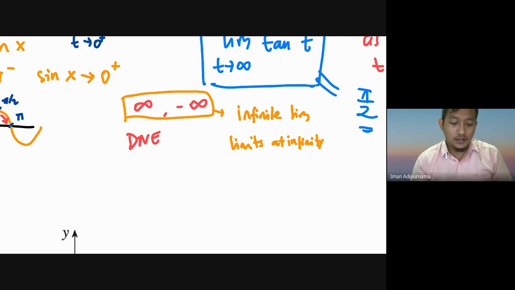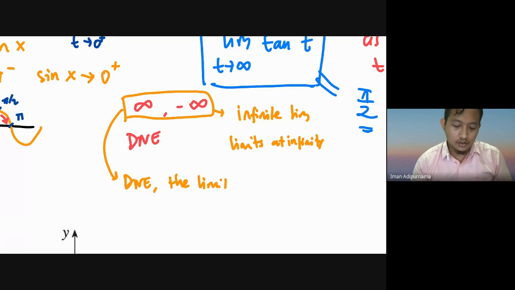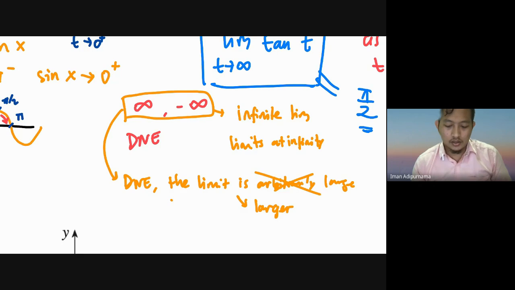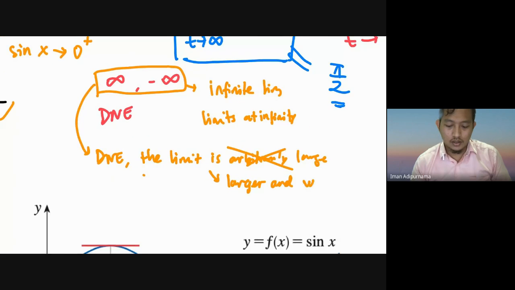So sometimes we need to write it completely. We can write that it does not exist, but you need to add some additional information that the result or the limit is arbitrarily large, or if this is difficult to write, the limit is unbounded.